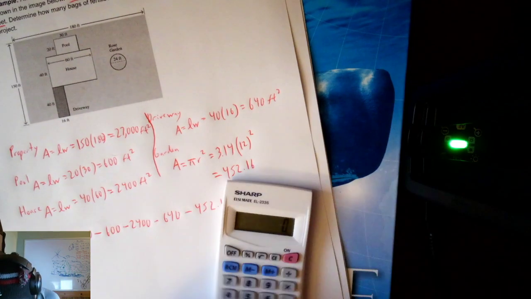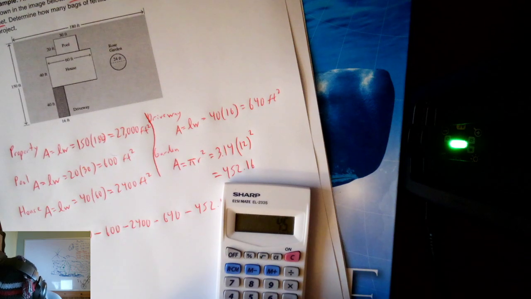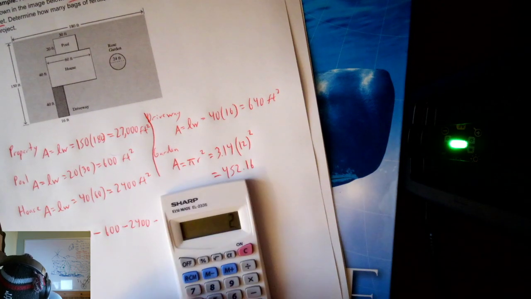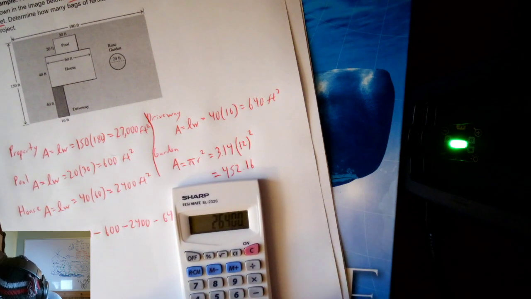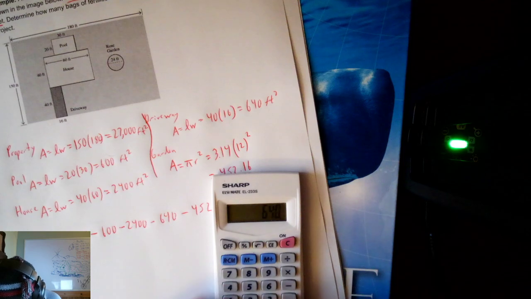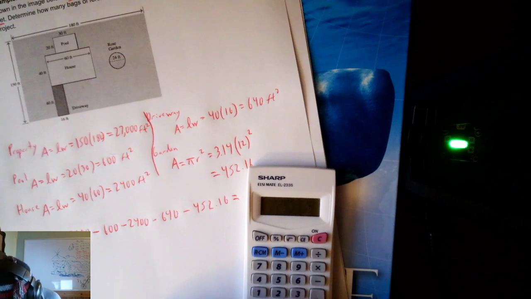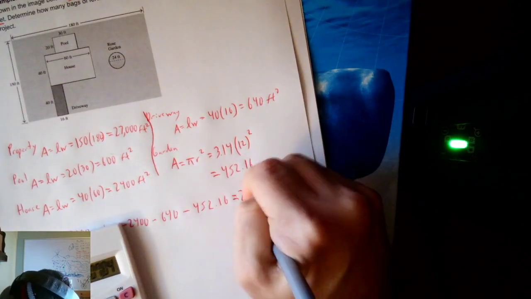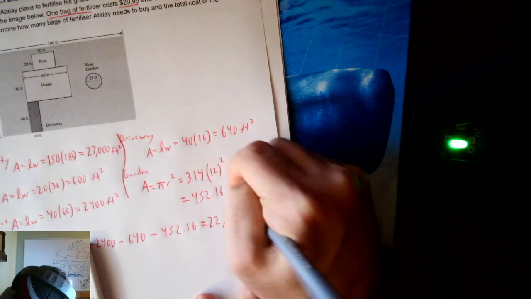Oops, 27,000 minus 600, minus 2,400, minus 640, minus 452.16 gives me 22,907.84 feet squared.